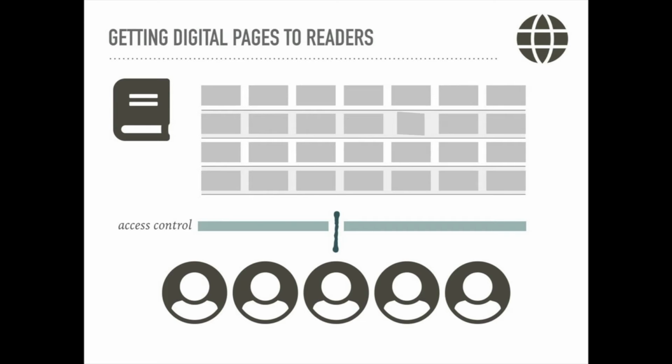So individual pages may update whilst this individual reader has access to this. The URL, the link to this book, doesn't need to change. They still find the content in the right place, but the content may be updated as we are streaming it instantly.